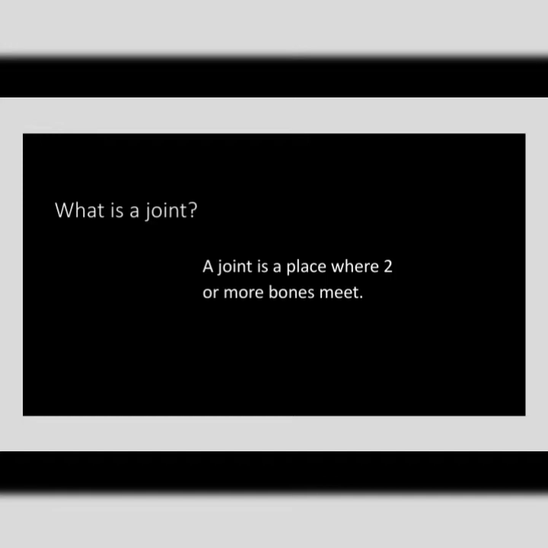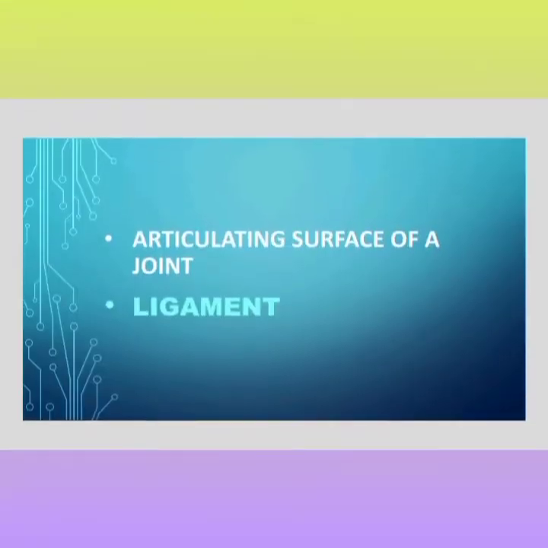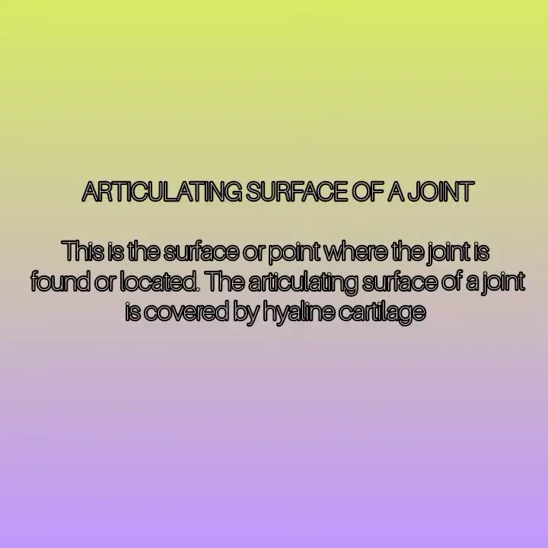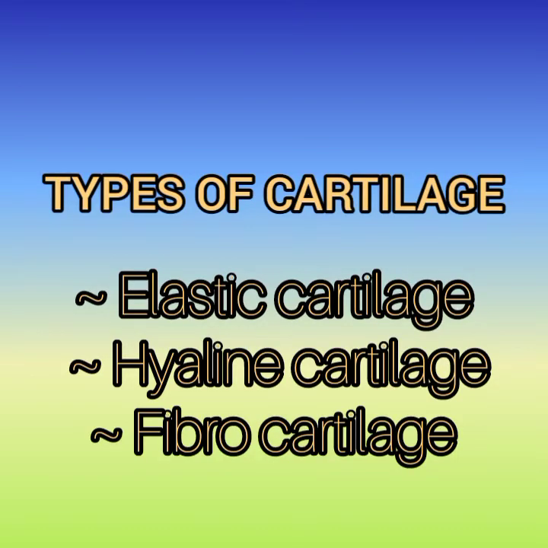Before we talk about the types of joints, I would like to talk about two things: the articulating surface of a joint, as well as the meaning of ligament. The articulating surface of a joint is the surface where the joint is. The surface of any joint at all is the articulating surface, and it usually is covered by hyaline cartilage.